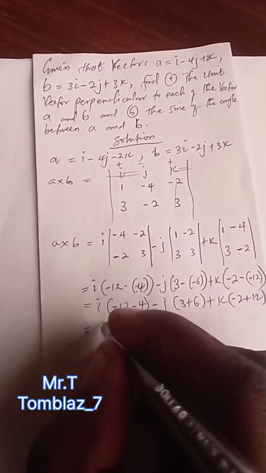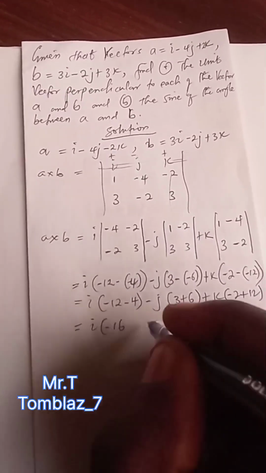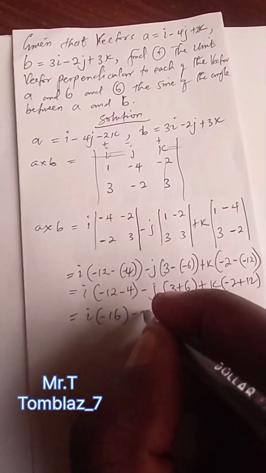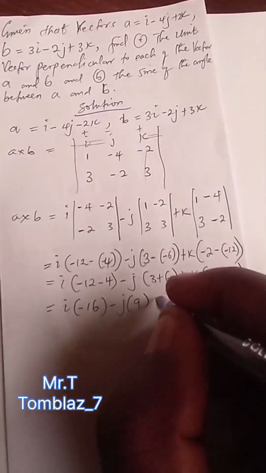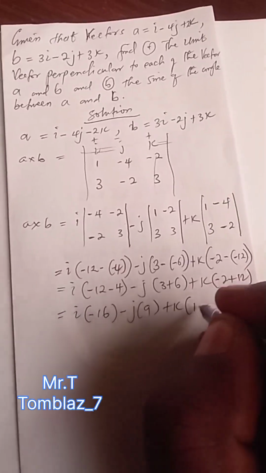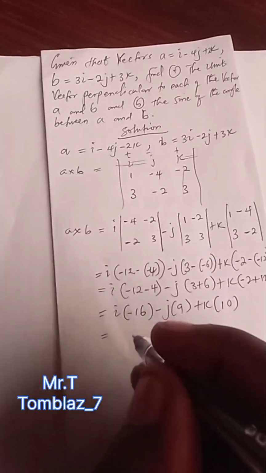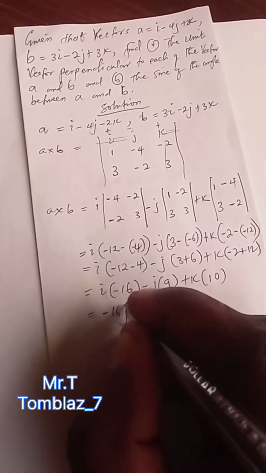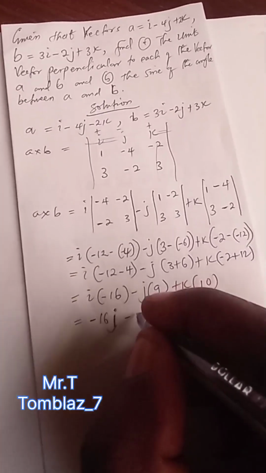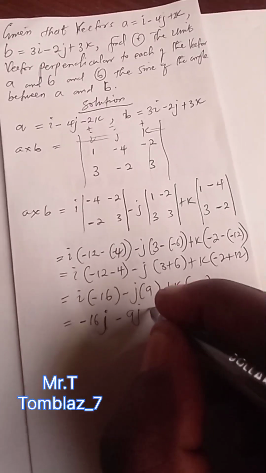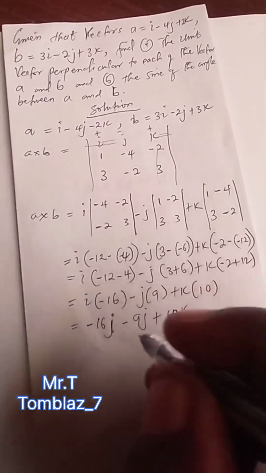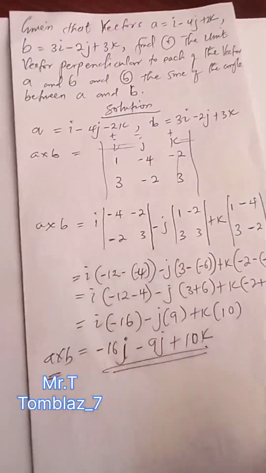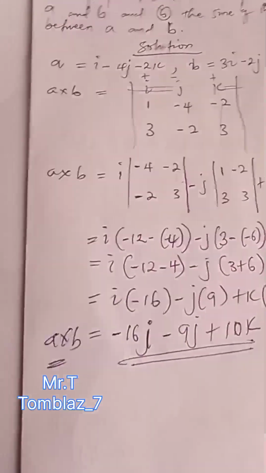Okay, so this is equal to i into minus 16, minus j into 9, and plus k into 10. So to conclude, we have minus 16i, minus 9j, and plus 10k. Alright, this is the cross product now of vectors A and B.